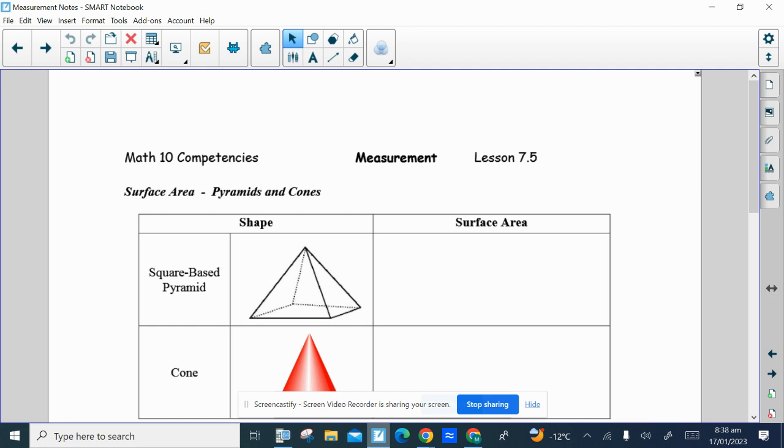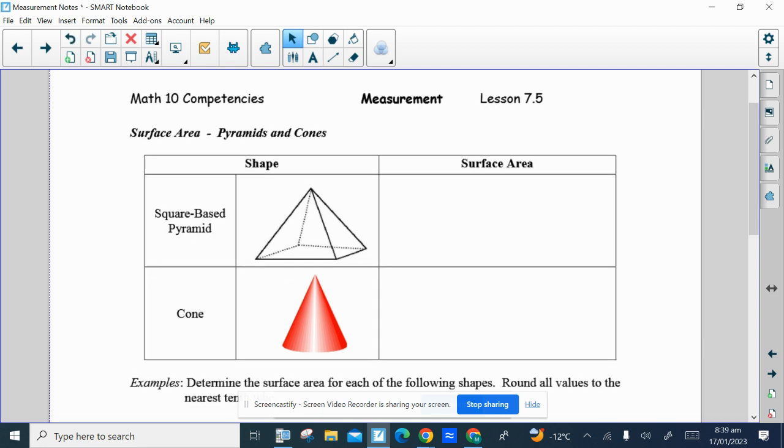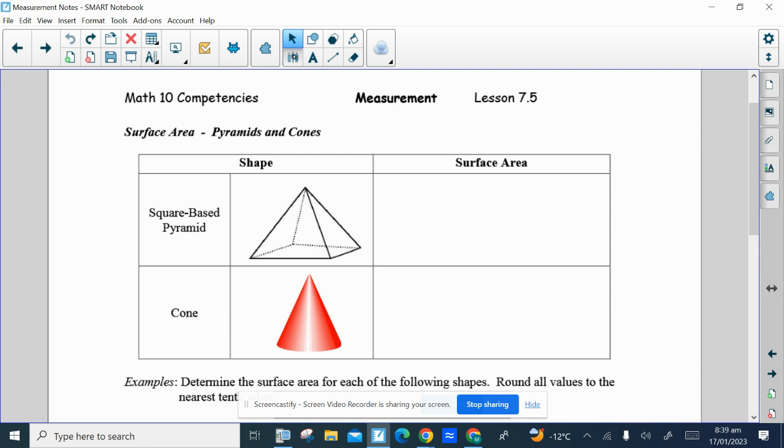So that first shape is a square-based pyramid. The base is a square, that's why it's called square-based, and the sides are triangles. Because it's square-based, both dimensions on the bottom are the same, so we can say L and L for the length of each side.